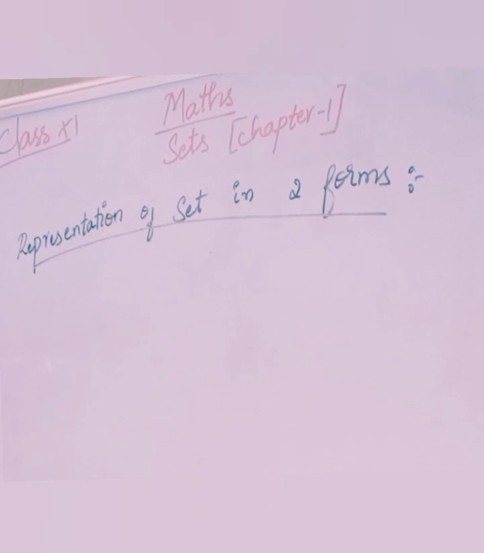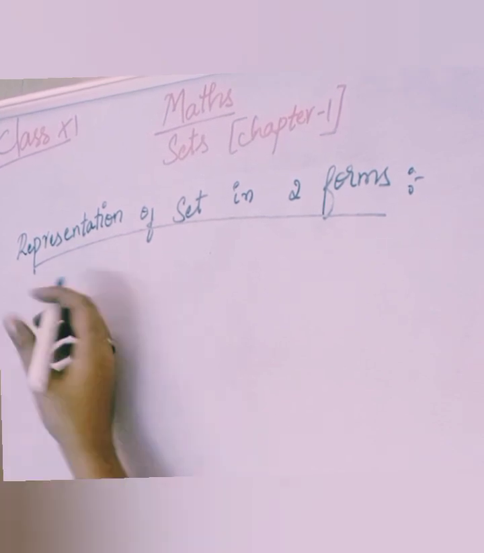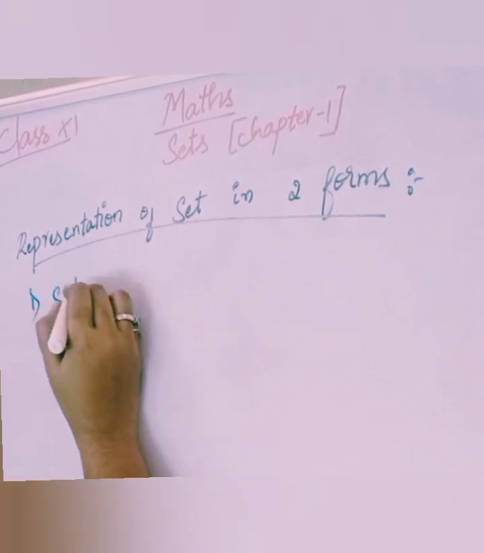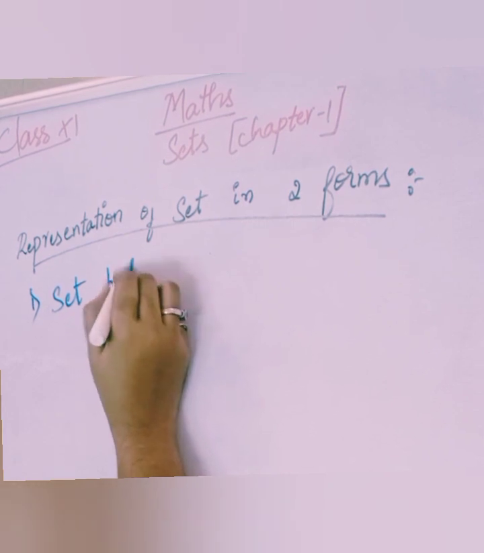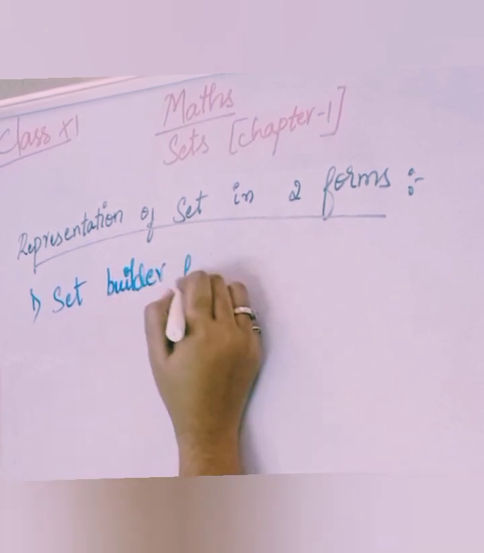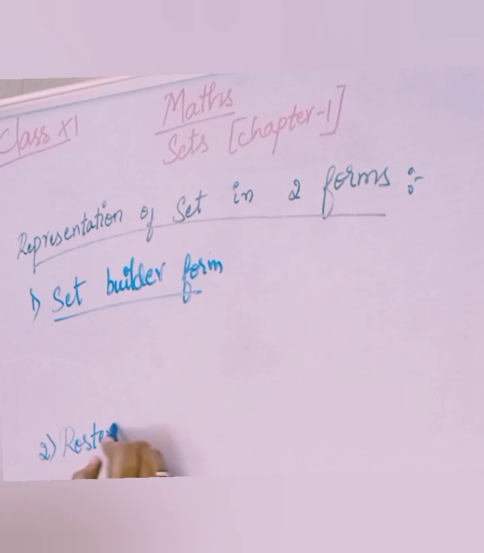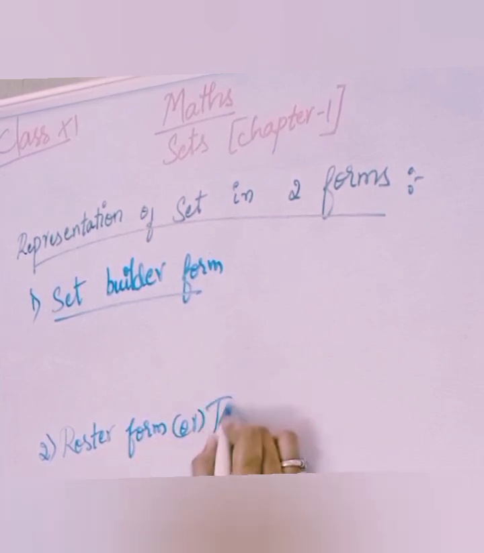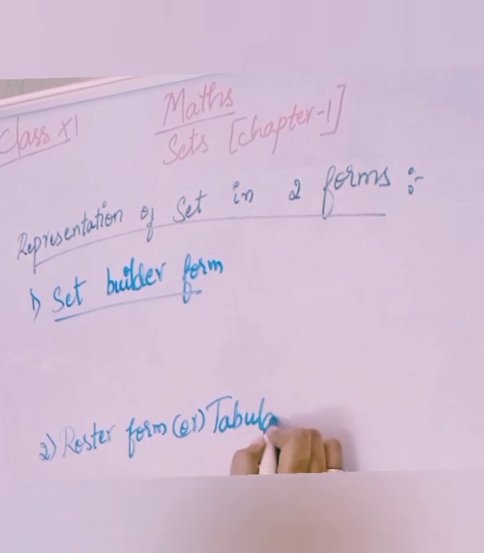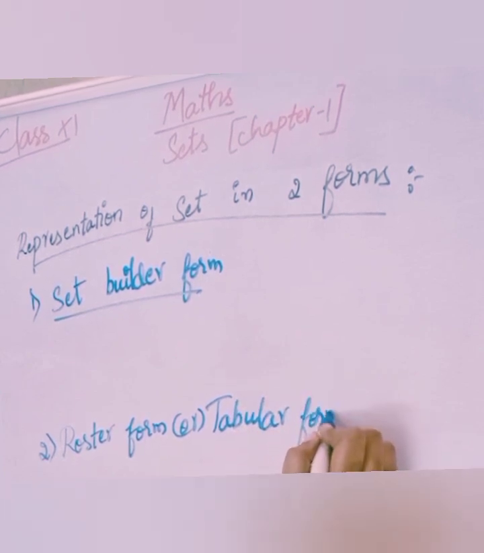But we need to know that we have 2 forms to write or represent a set. The first one is set builder form, and the second one is roster form, or we can say tabular form.